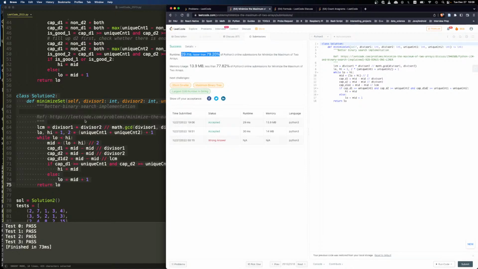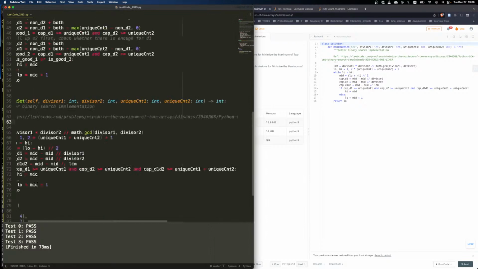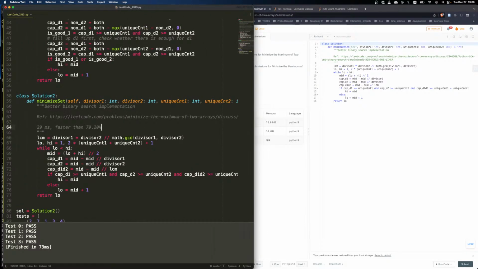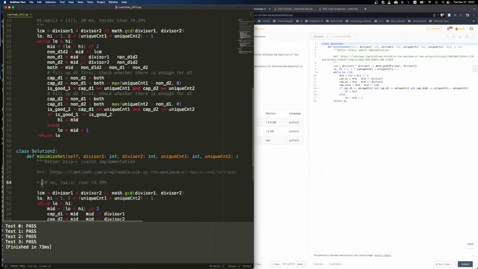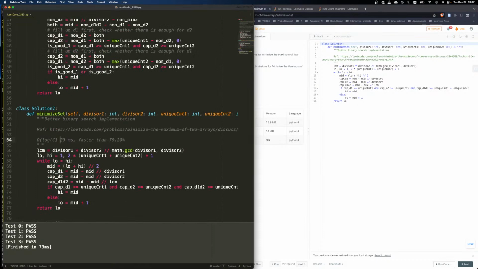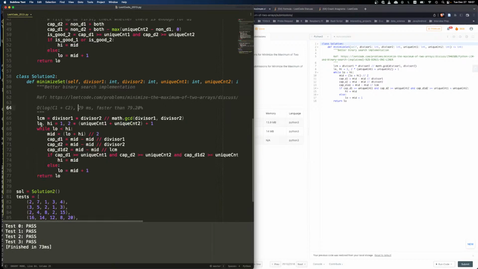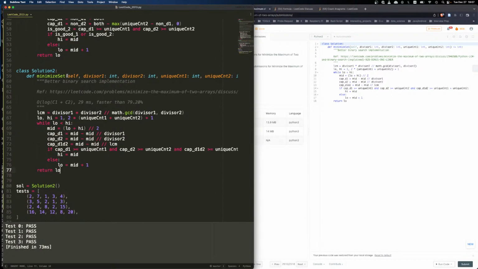Okay, now we have one more formula. The formula basically is a similar idea, right? Solution 3.